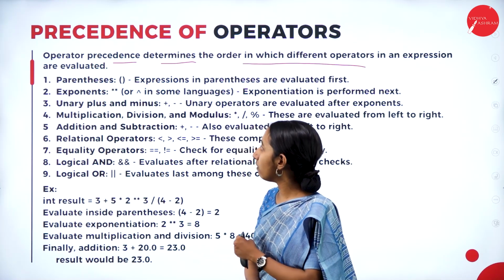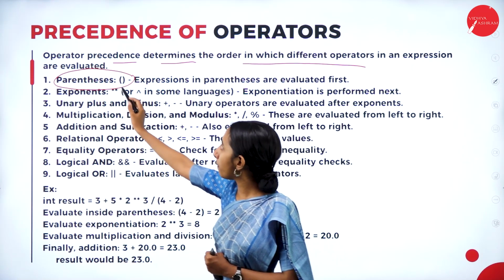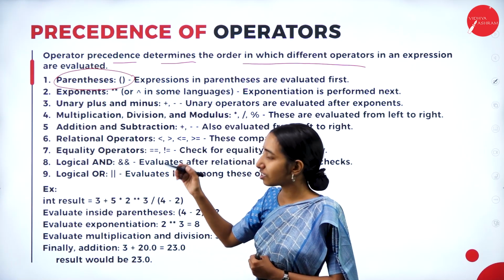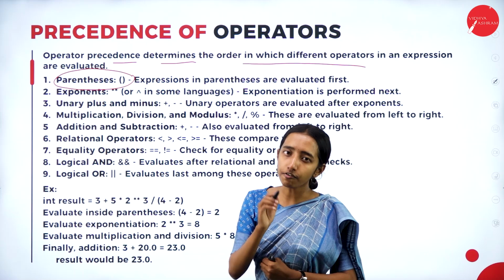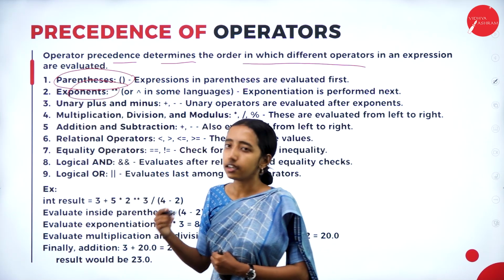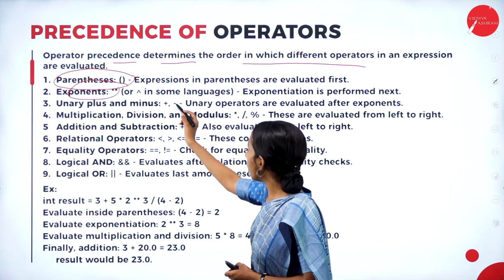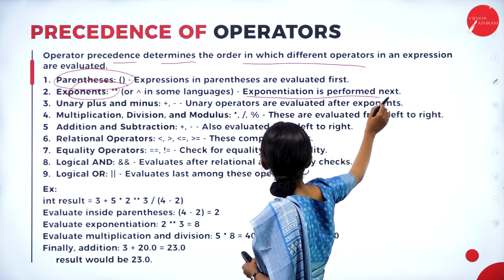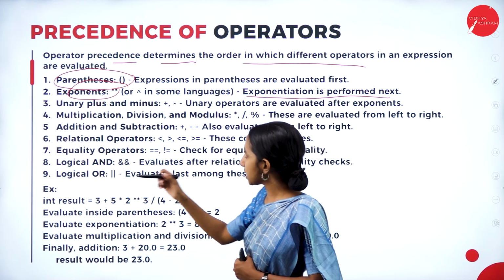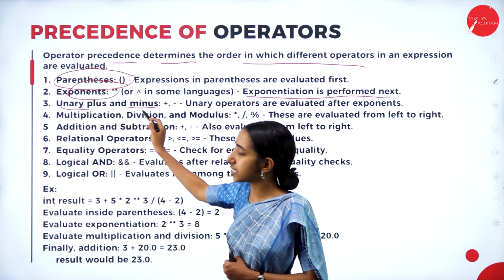So here the first, highest precedence is for parentheses. Parentheses should be evaluated first. Next we are having exponents, the second highest precedence. So exponents are performed next. Next we are having unary plus and minus.